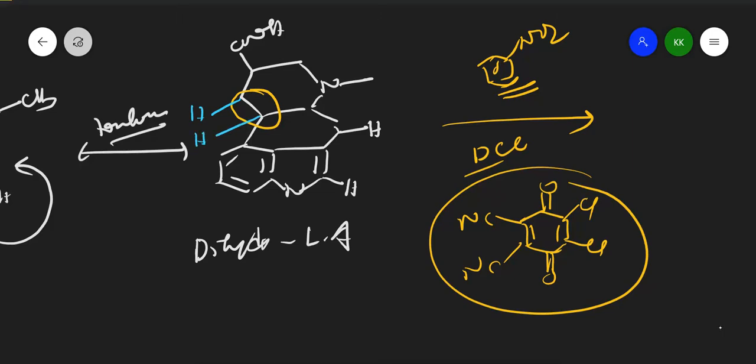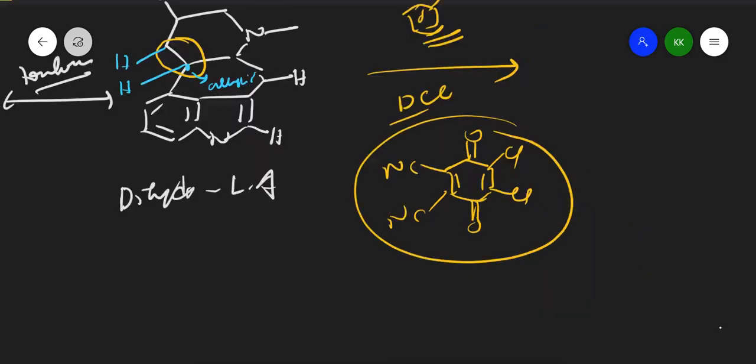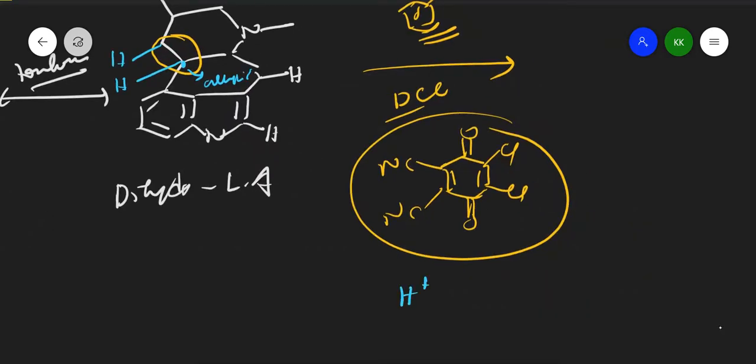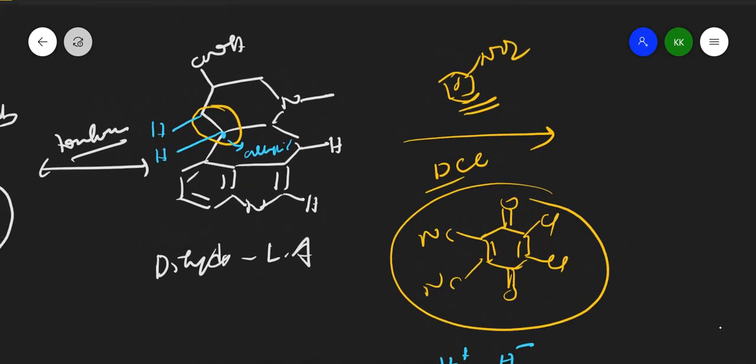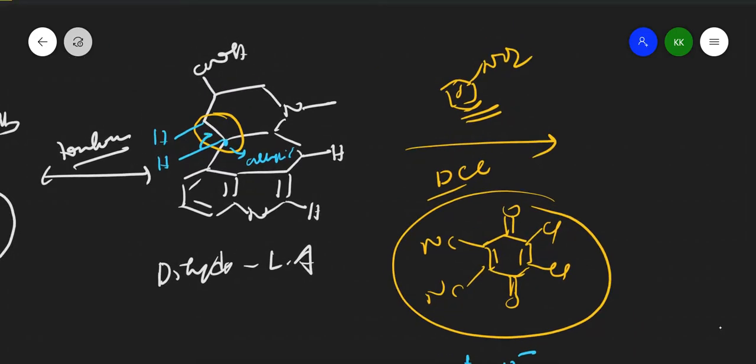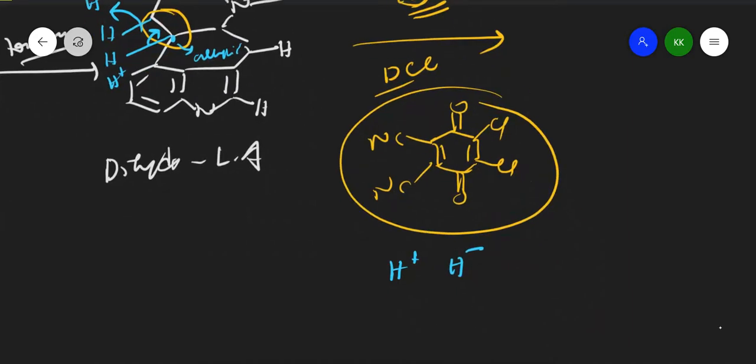Because this carbon is an allylic carbon. Allylic carbon having hydrogens, they will remove. They will remove as one H plus and one H minus. So this electron density goes here, it will go as H plus, and this electron density takes with it H minus. So there will be total loss of one molecule of hydrogen, because H plus and H minus means H2, right?